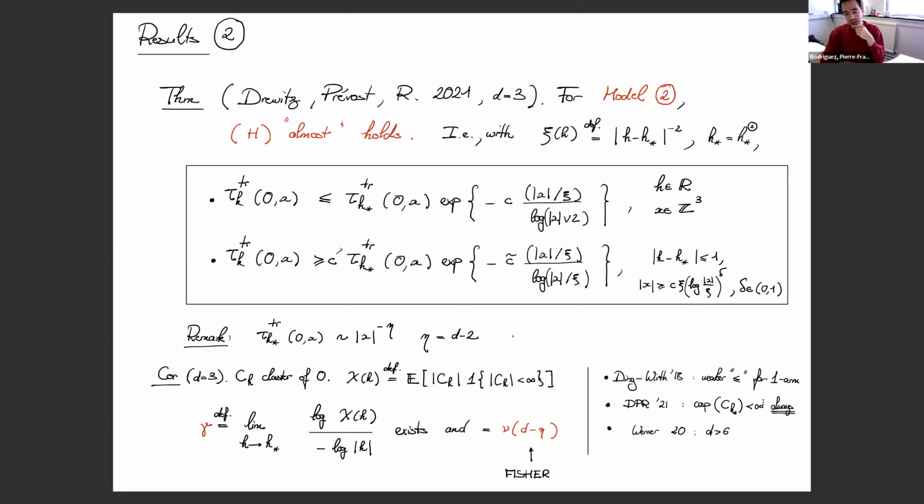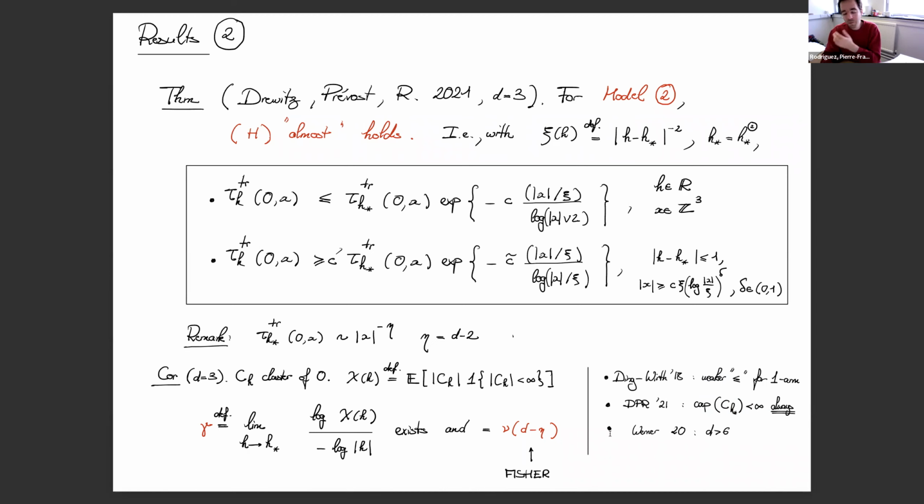And in most cases, the capacity being finite implies that the set is finite. And this is why you can prove in most cases that the phase transition is continuous. So it's due to this quantity here. The cluster capacity is an integrable quantity for the model.